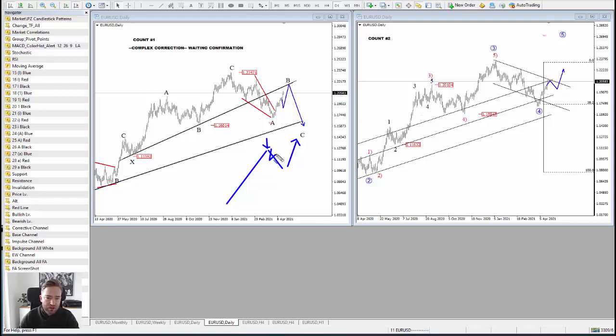Firstly, you have to see an overlapping or corrective decline within this pullback to make sure that the reversal from the highs is not impulsive.